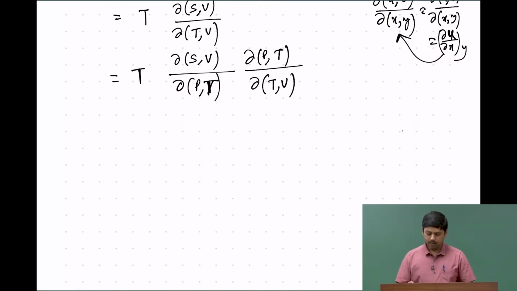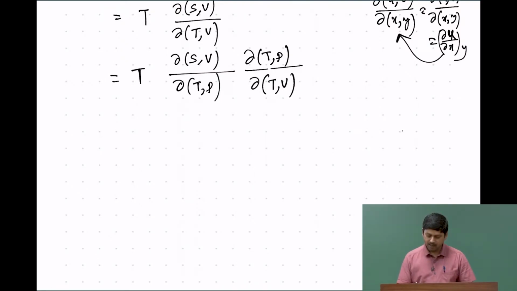You can also multiply with del (T, P) instead of del (P, T) if that makes life easier. So, I will do that with del (T, P) instead, and here also I have to do the same thing, del (T, P), for fewer calculations, nothing else.